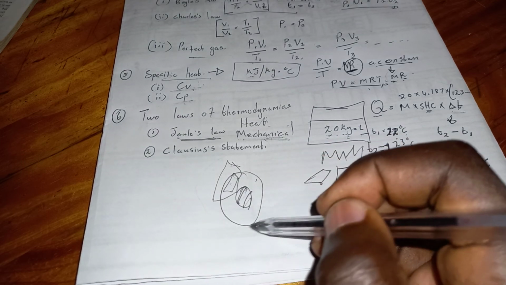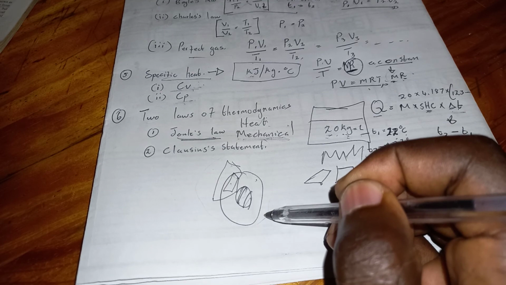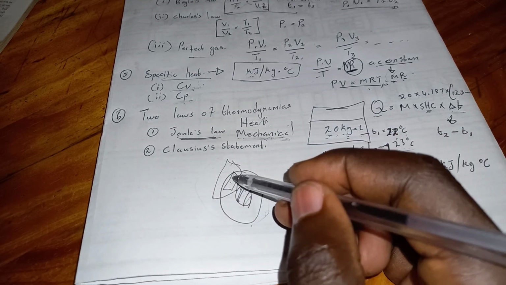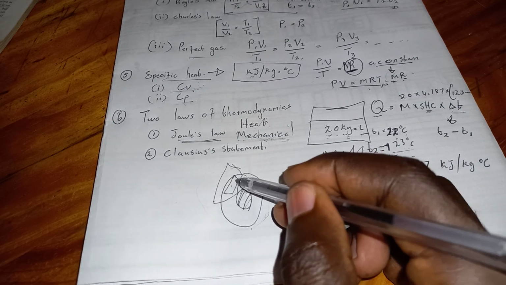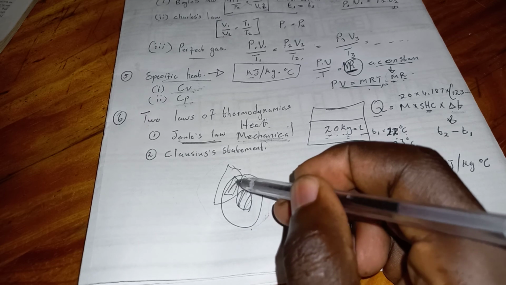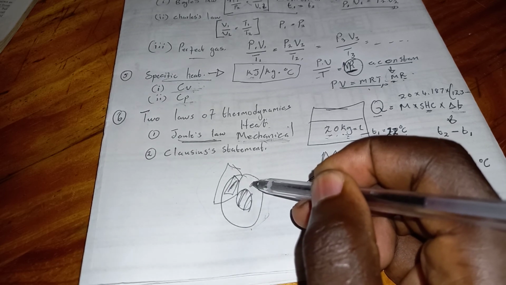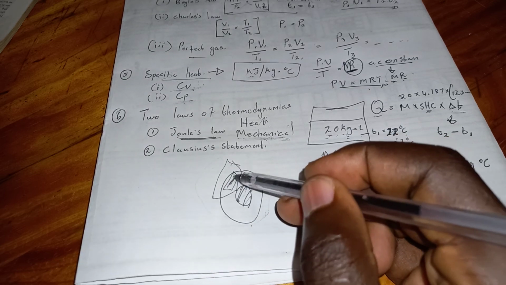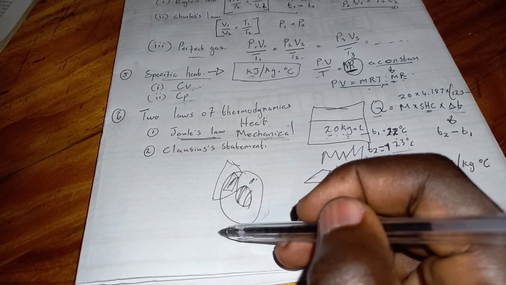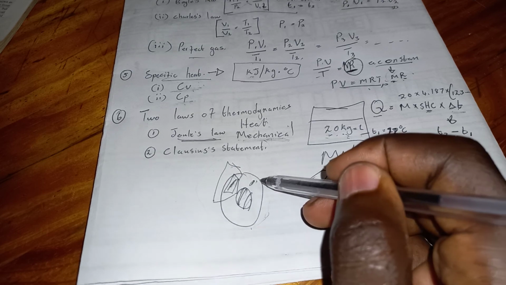So this system is mechanical, right? When the brake is applied, heat is generated between the brake pad and the brake drum. So that's why we said the mechanical energy is mutually convertible to heat energy.